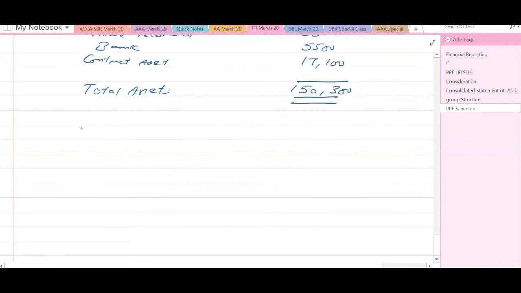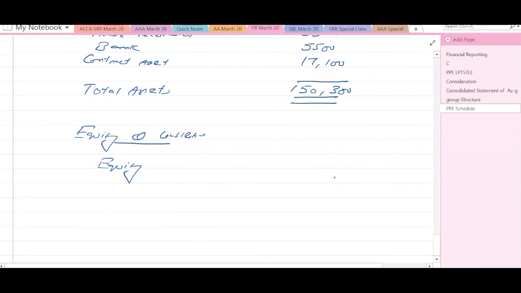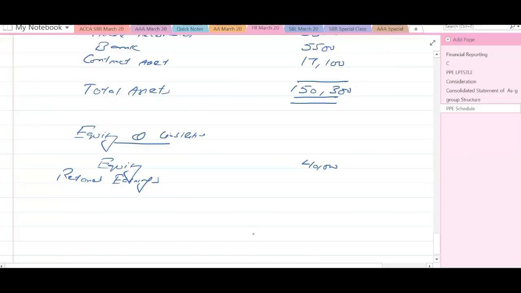Then you have equity and liabilities. First of all, you have the equity, which was given in the trial balance as 40,000. Then you have the retained earnings, and retained earnings as per trial balance is 44,100.